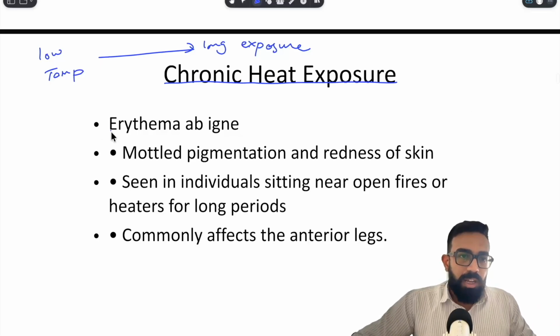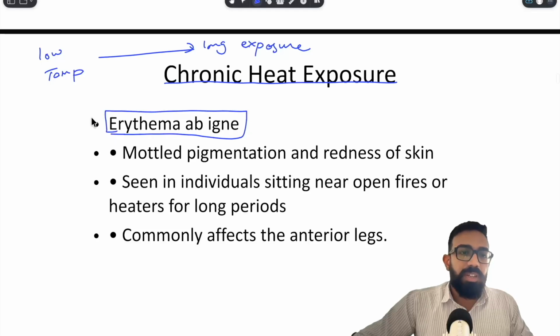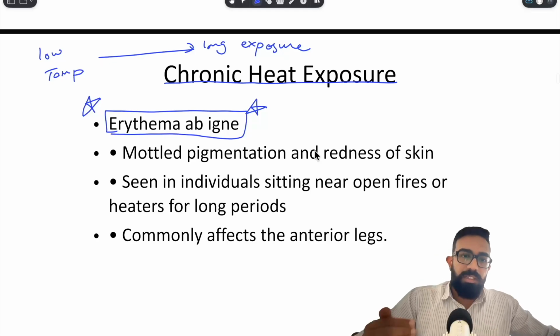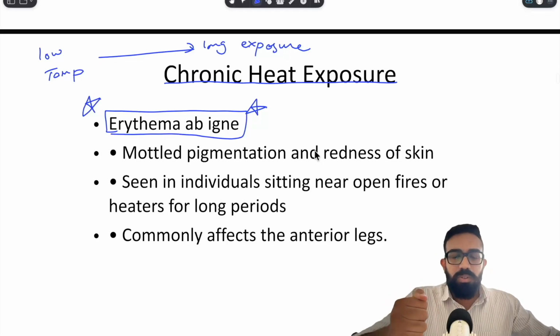Now, this is called erythema ab igne. This can be a very important bouncer question or a very atypical viva question, when the examiner wants to ask you a question which he is sure you won't be able to answer.